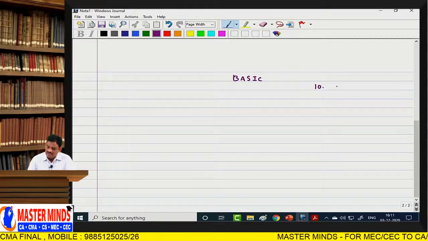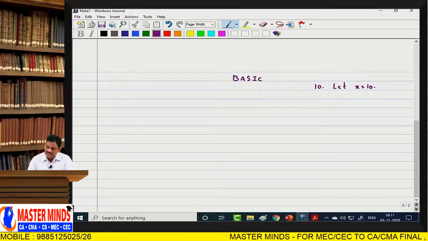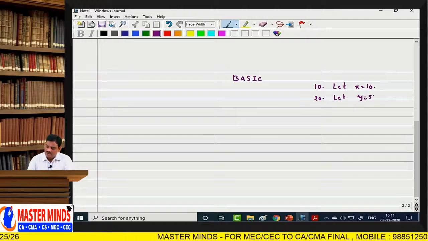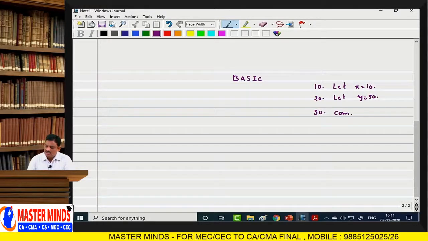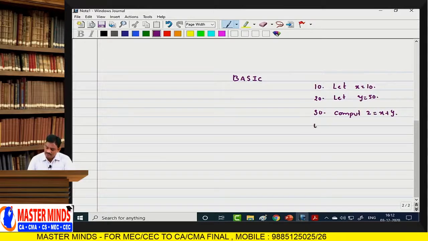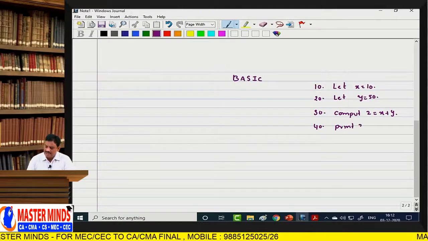For example, 10, let x is equal to 10. These are line numbers. 20, let y is equal to 50. 30, compute or add z is equal to x plus y. 40, display or print the value called z. 50, finally end.